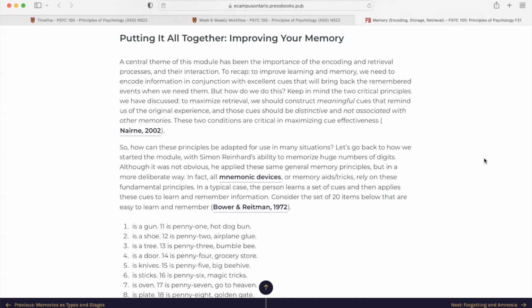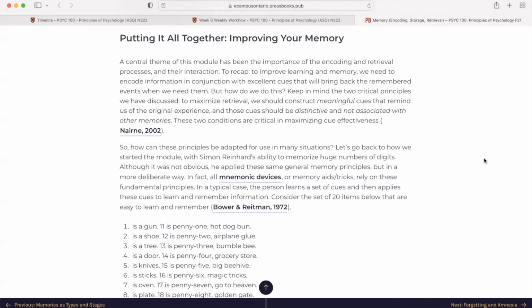But how do we do this? Keep in mind the two critical principles we have discussed to maximize retrieval. We should construct meaningful cues that remind us of the original experience, and those cues should be distinctive and not associated with other memories. These two conditions are critical in maximizing cue effectiveness.